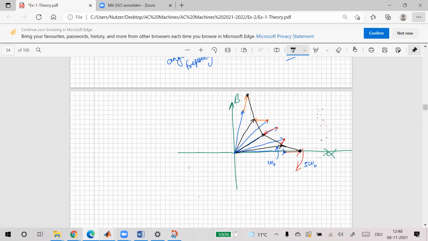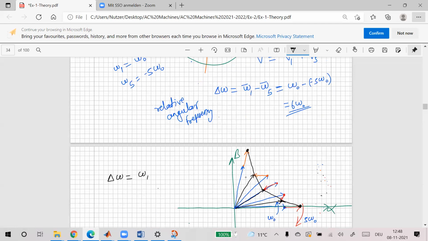What is happening, and you can actually find after how much time, or at what phase angle, you will get this minimum value. You can find this time period too. We know delta omega is omega 1 minus omega 5, which is equal to 6 times omega naught.